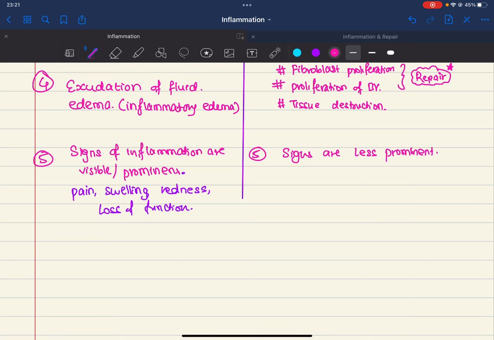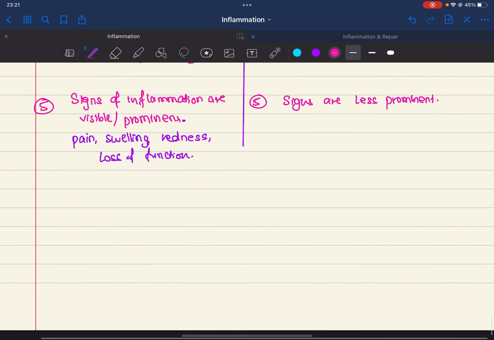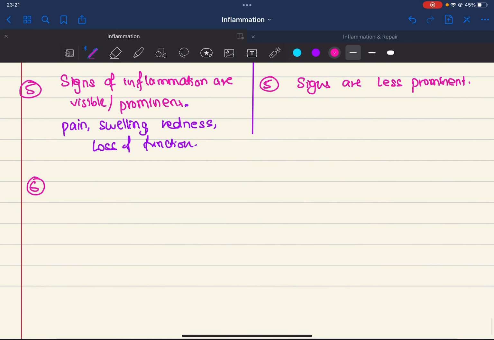What might be the next difference between acute and chronic inflammation? The next difference is injury and damage to the tissue. In acute inflammation there is mild, self-limited damage, but it can progress to the chronic phase.